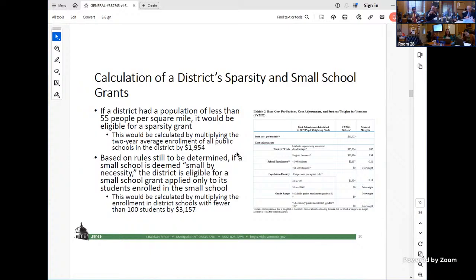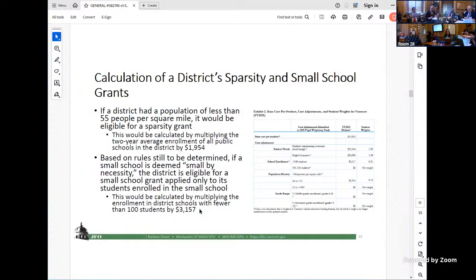There's also a definition that the state board still needs to establish of small by necessity. If a school is deemed small by necessity, which still has not been defined, then it would be eligible for a small school grant, calculated by multiplying the enrollment of all those small by necessity schools by the 3,157.